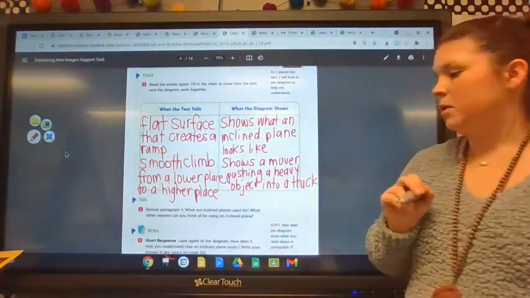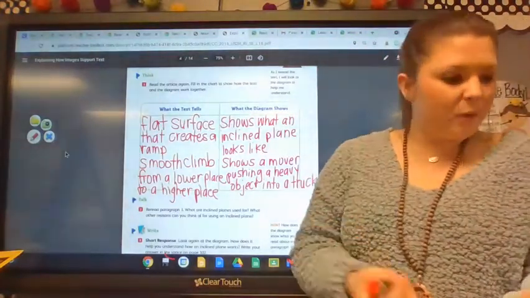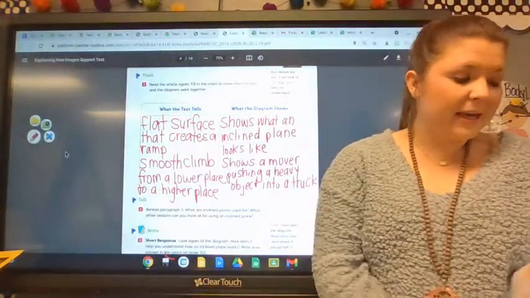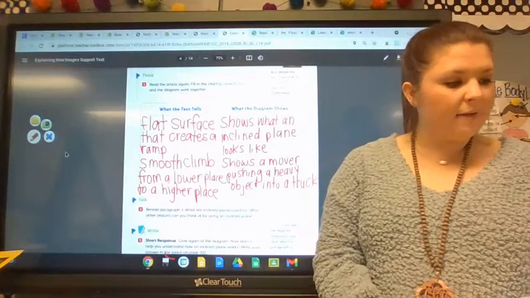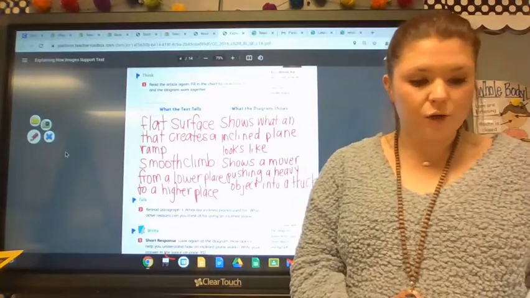Okay? So I am able to see that in the diagram. I can see that heavy object being pushed onto the truck.